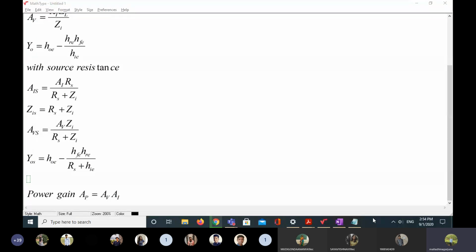We have seen the H parameter model of the CE amplifier and the two equations. Using those two equations and that procedure of AC analysis, we calculated all the equations stepwise.